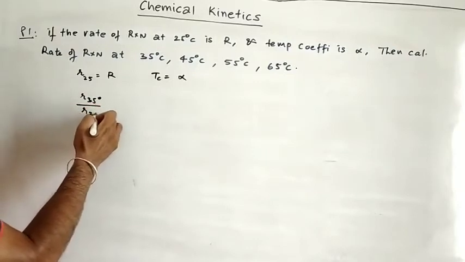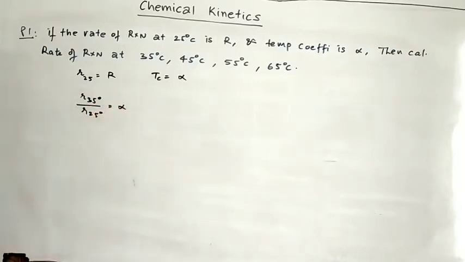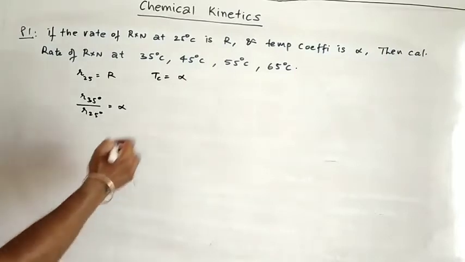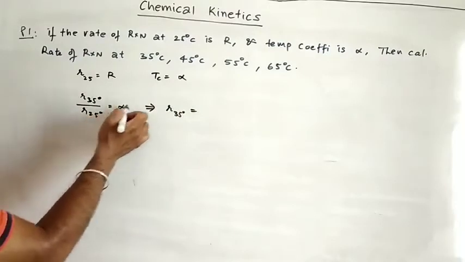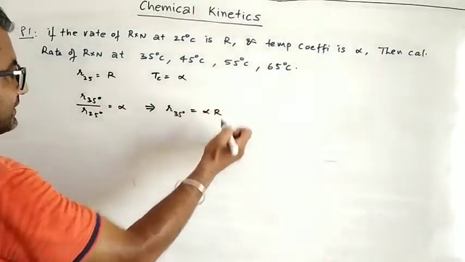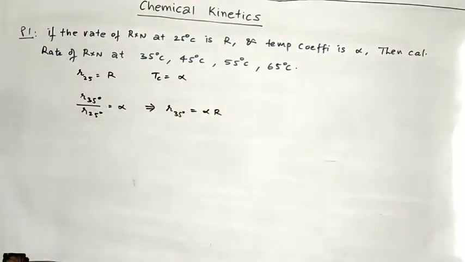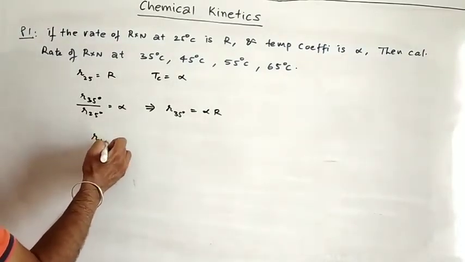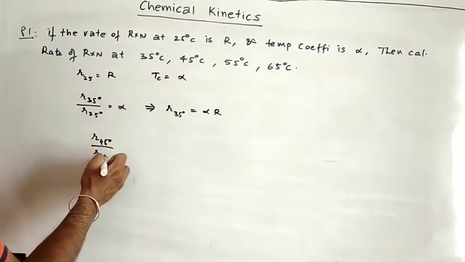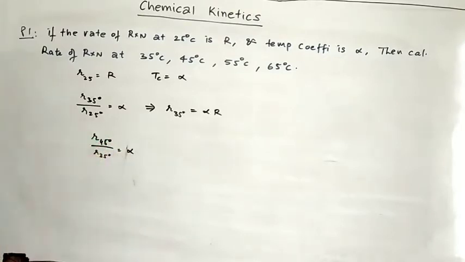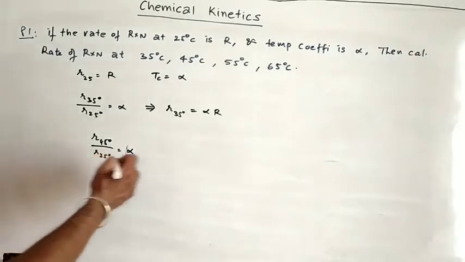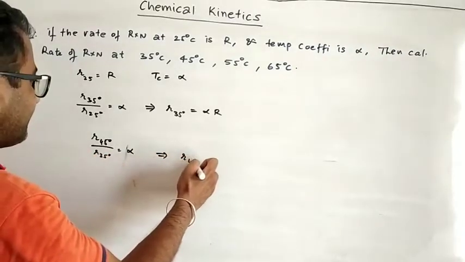Rate at 35 degree by rate at 25 degree, so this becomes equal to alpha R. Again, rate at 45 degree by rate at 35 degree is again alpha. This is also temperature coefficient. Temperature difference must be 10 degree. From here we can calculate rate at 45 degree.